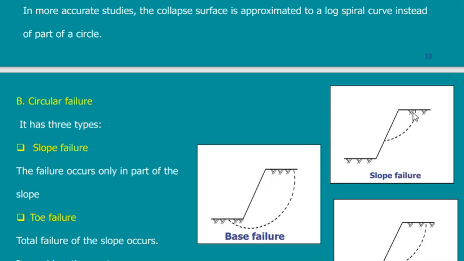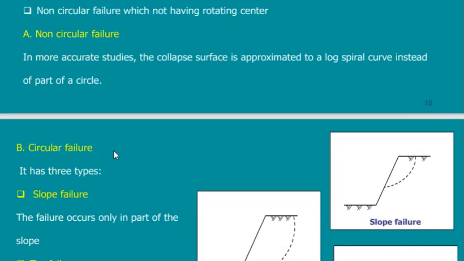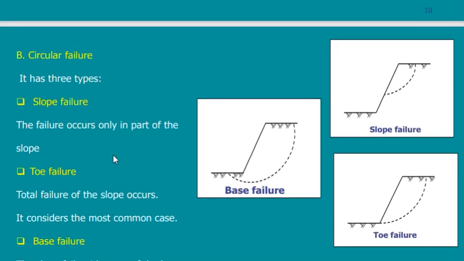Who said that this curve should be a circle? Exceptionally, it would be a circle. In the general case, it is a curve with different radii. So this is what we mean by circular and non-circular failures.